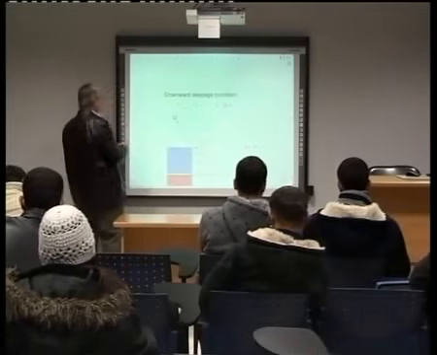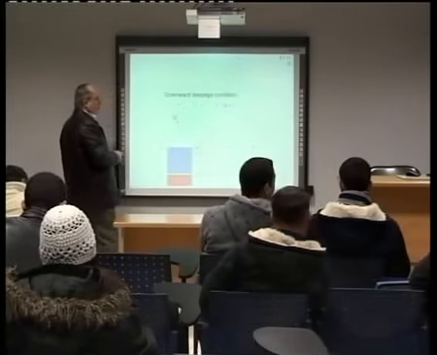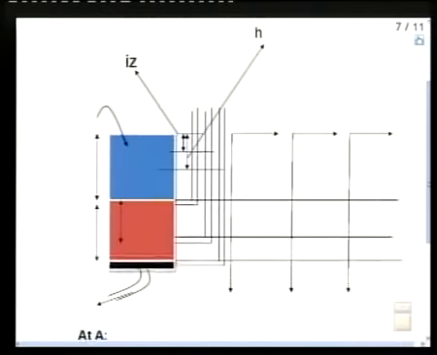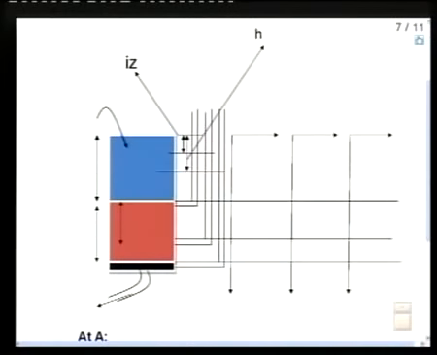Now the second condition is downward seepage, which means the same drawing. Here I have water, the same thing, H1, and soil, H2. At depth Z, I have point C, and this is D, and this is B, and this is A. What's the difference?